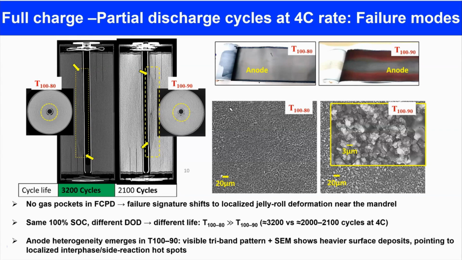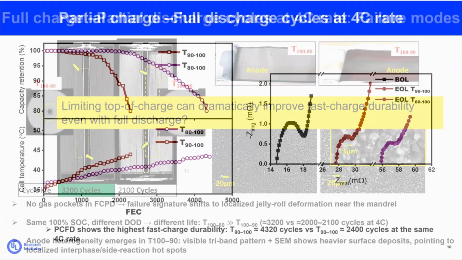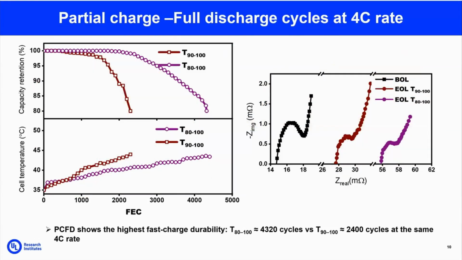Similarly, we wanted to look at what happens once you reduce the SOC and cycle up to full discharge: what kind of aging mechanisms occur and how the cycle life differs. In our case, 100 DOD is a full 100%, whereas we changed the SOC condition.